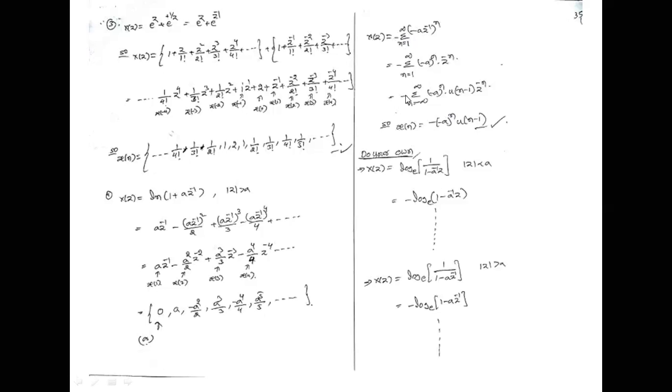And then the minus of the sum over n from minus infinity to infinity. I change this from 1 to infinity as minus infinity to infinity, which means one sample is shifted towards the right side. Mu of n minus 1 times minus a whole power n, z power minus n. So what is the x of n here?